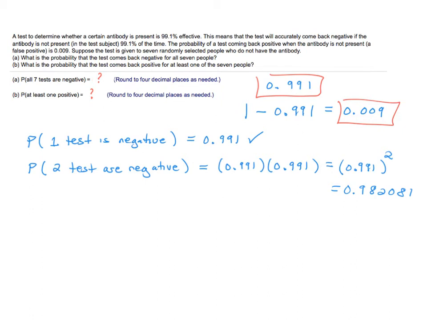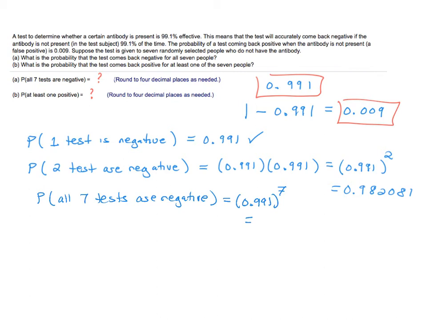If I want the probability that all 7 tests are negative, that's simply going to be take the probability and raise it to the power of 7. I'm going to do that in my calculator, and I'll round it to 4 decimal places because that's what my MyMathLab wants.